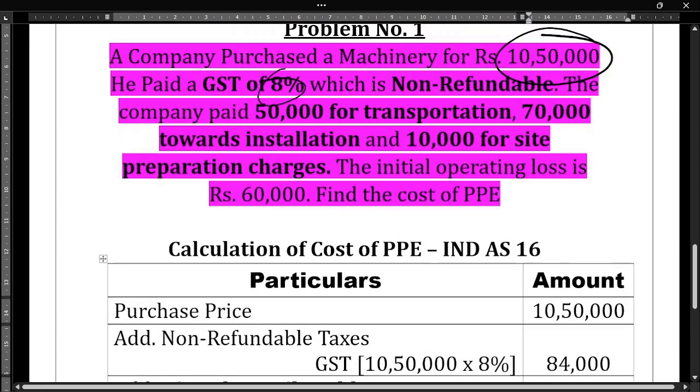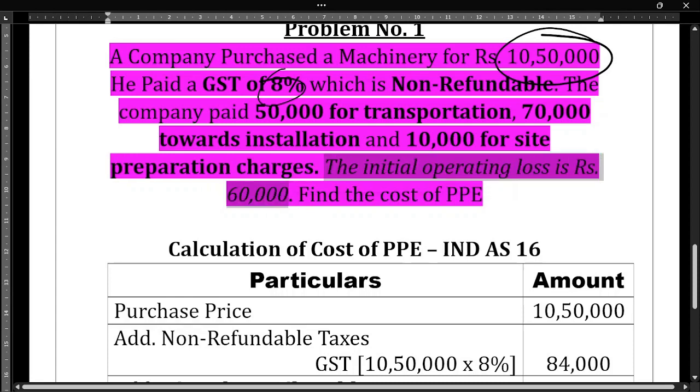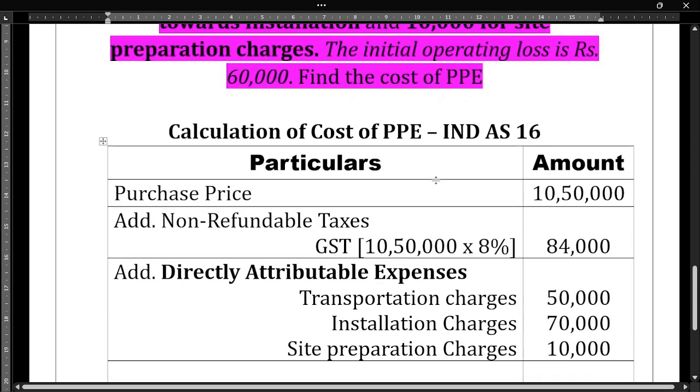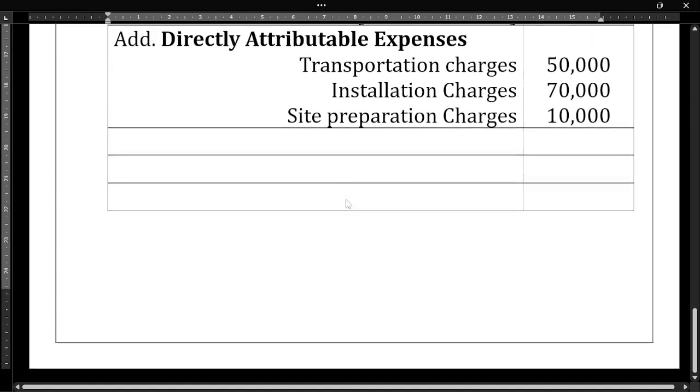Next, the initial operating loss. As I told you, when you purchase a new machinery, immediately we will not get any profit. So we are not considering it because it is not a directly attributable expense.